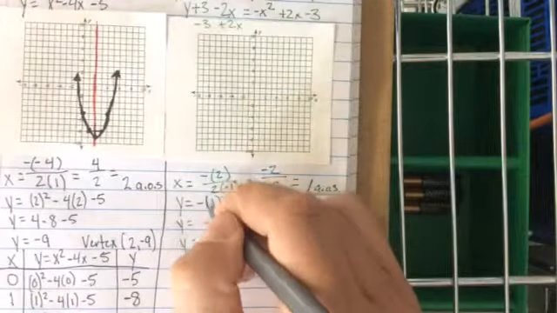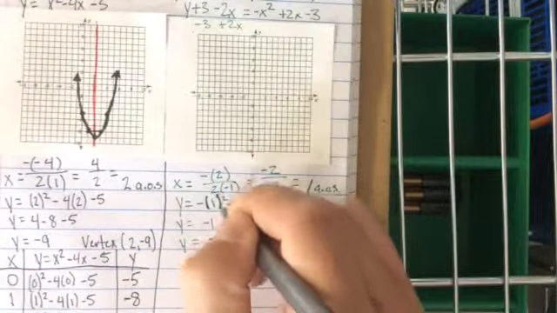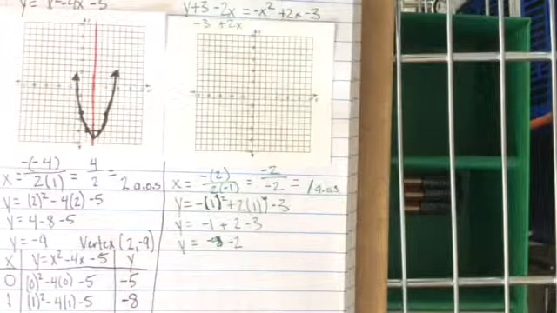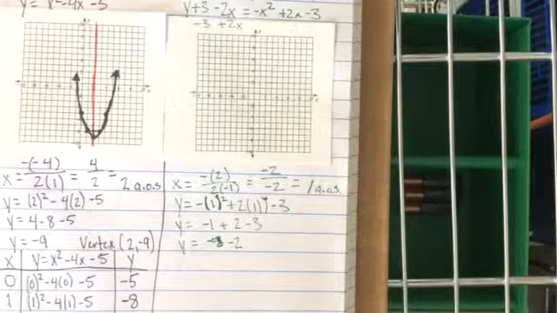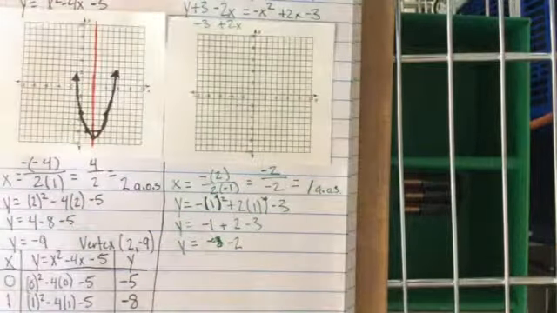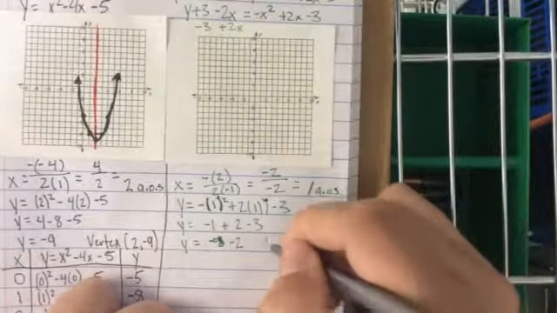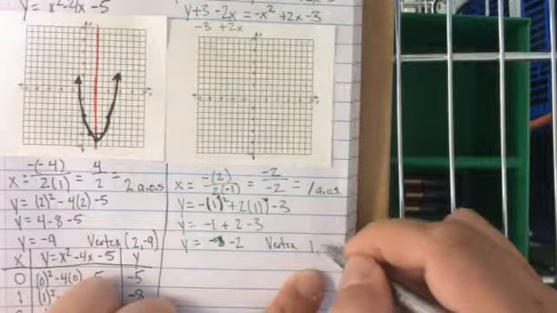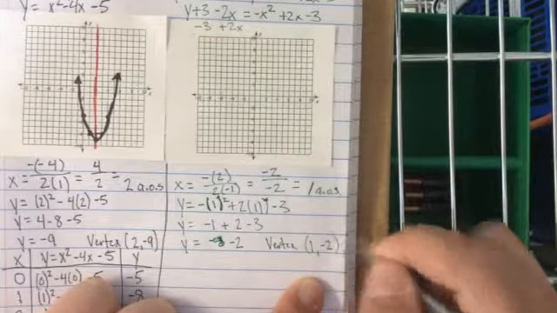So remember, when we're putting parentheses around it, we have to put parentheses around it first because it's the negative of what x squared is. So our vertex is at 1, negative 2.